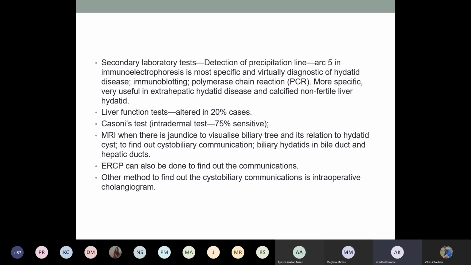Casoni's test, as already mentioned, and the sensitivity of that Casoni's test is 75%. MRI, ERCP, depending upon the location of the cysts, can be helpful investigations.